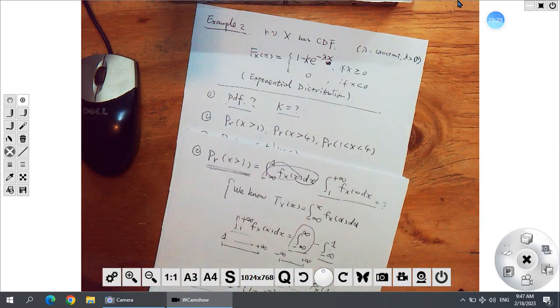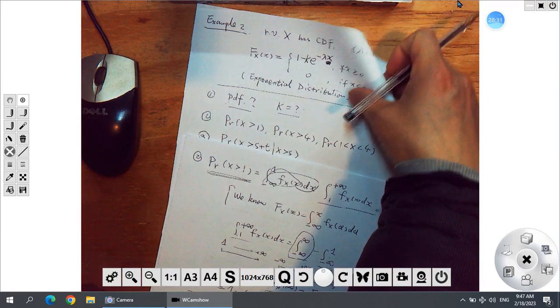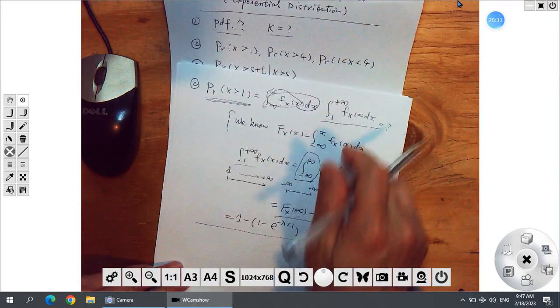Then similarly, we can calculate X larger than 4.